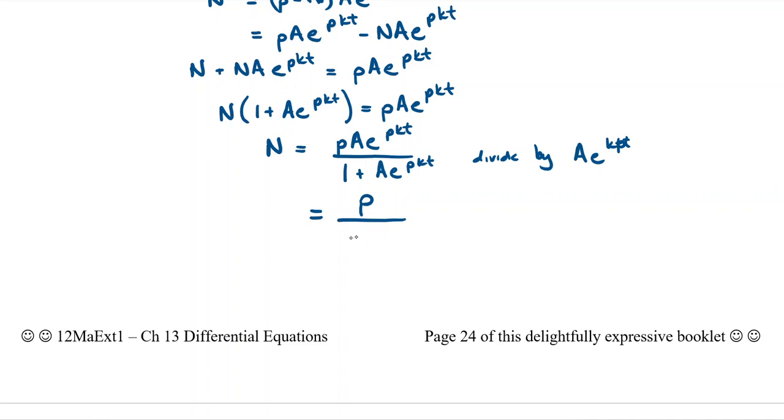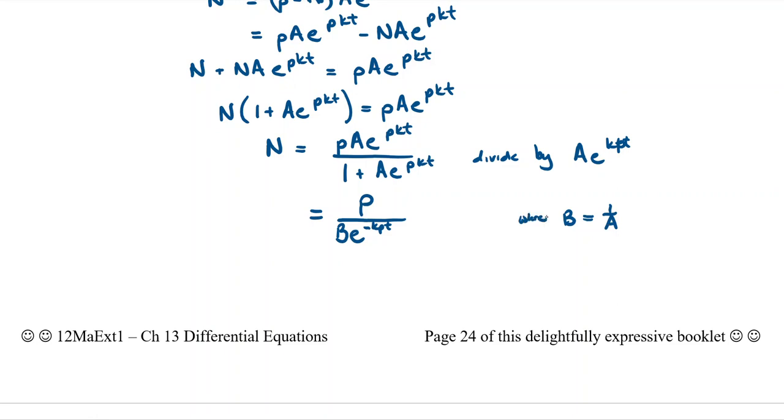The exponential part would become e to the negative KPT, and we would have a 1 over A. Let's change it to a different constant, B. E to the, yes, I'm letting B equal 1 over A. That's all I'm letting that do. Or A to the negative 1.